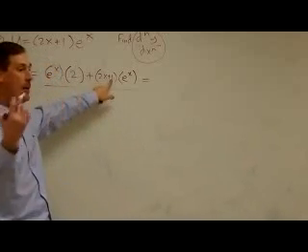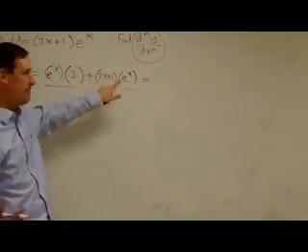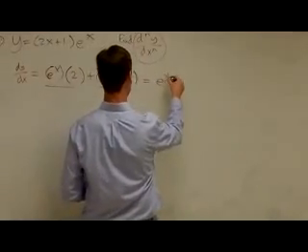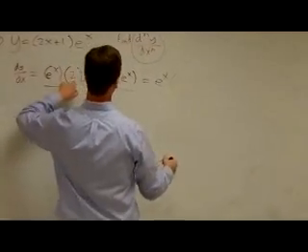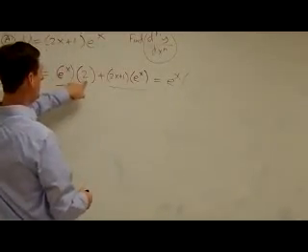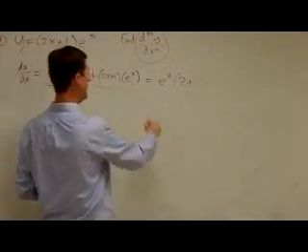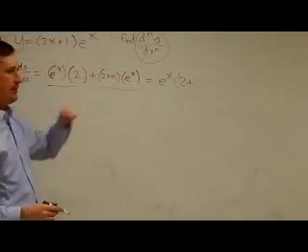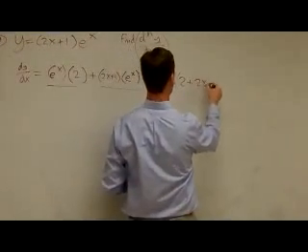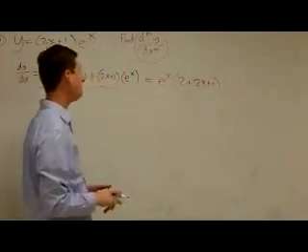If you can't take 2 out of everybody, you can't take it out, right? So only take out the e to the x. So let's see. First, this is going to be what's left over here: 2. Okay, take out e to the x. What's left over down here? 2x plus 1. All right.